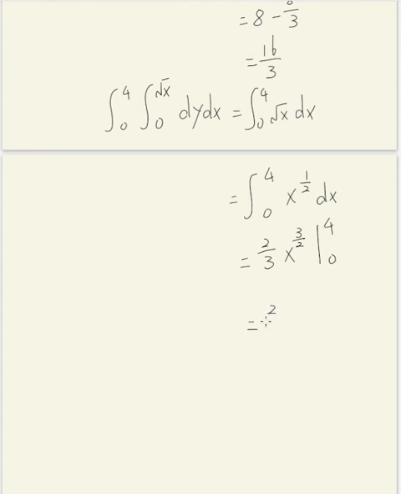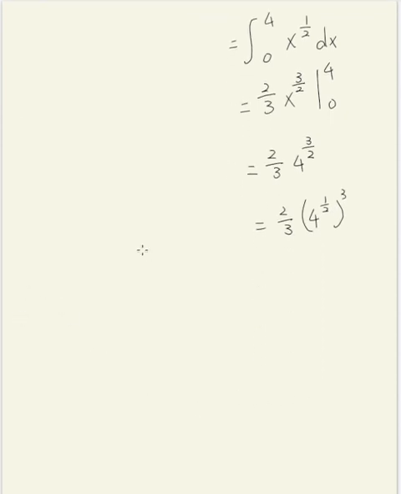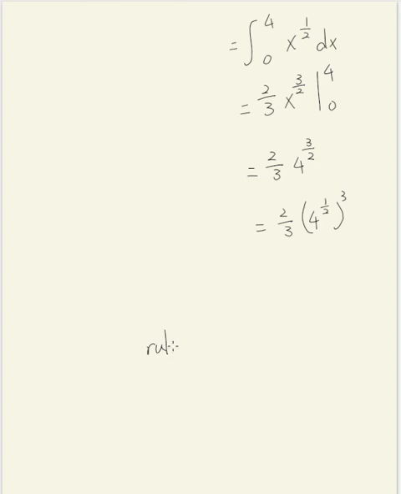Okay, plugging in 4, you get 2 over 3 times 4 to the 3 over 2, minus 0, of course. Now, how do you compute 4 to the 3 over 2? You do it one step at a time. You compute 4 to the 1 over 2 first, and then cube it. A simple rule is, say we have numbers a and b, x to the a times b is x to the a, then this thing to the b.